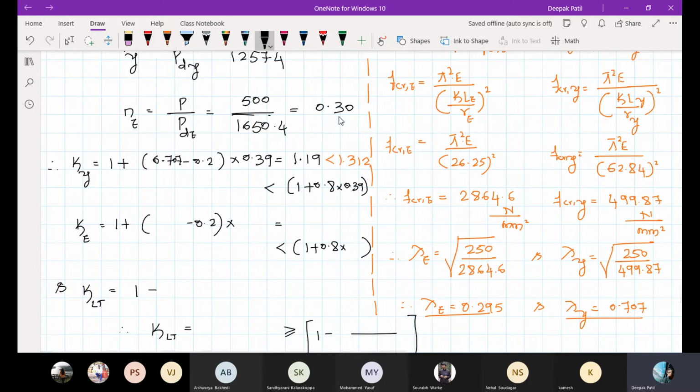Similarly, I have to calculate kz, which is 1 plus, lambda z minus 0.2, multiplied by nz. Lambda z is 0.295 and nz is 0.3. So kz I will get as 1.03.